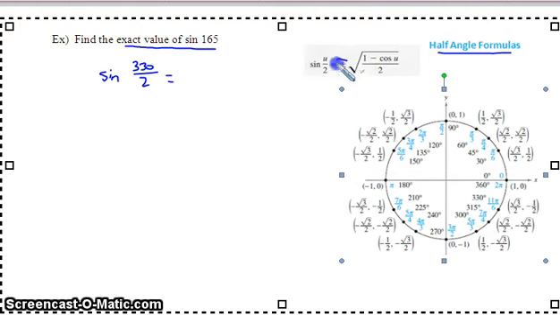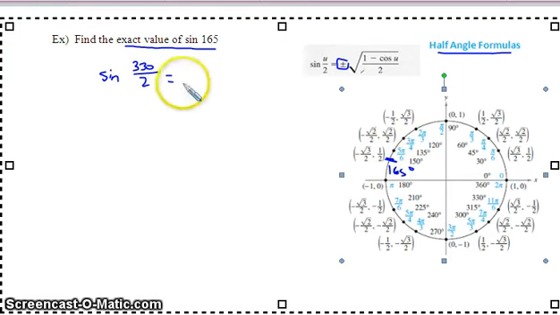First thing we need to talk about is this plus or minus. You have to pick whether your answer is going to be plus or minus based upon the quadrant that you're in. 165 degrees would be right about here. So in this second quadrant, notice all my sine values are positive.